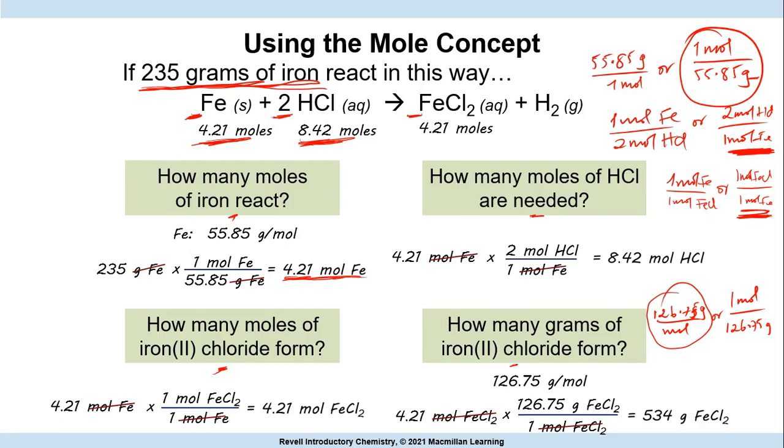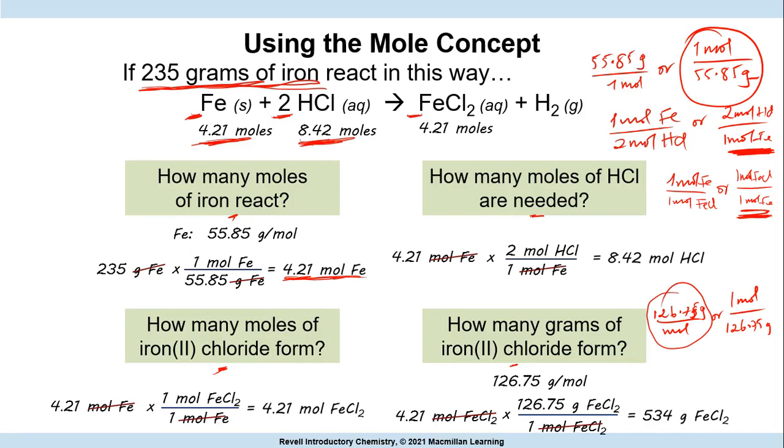So look at what we've done. We started from 235 grams of iron, and we've been able to calculate the moles of iron. We've been able to calculate the moles of hydrochloric acid using the balanced chemical equation. We've been able to calculate the moles of iron 2 chloride using the balanced chemical equation, and from there we've calculated the grams of iron 2 chloride.